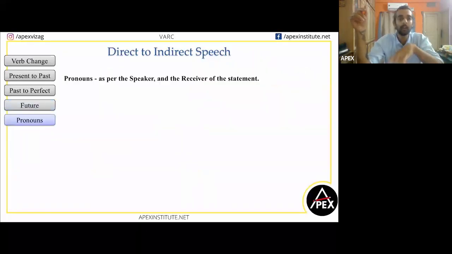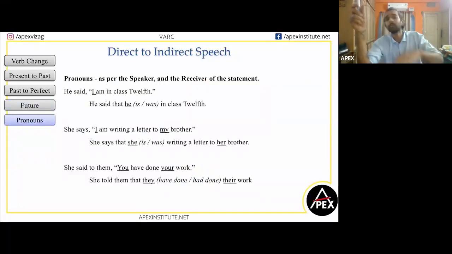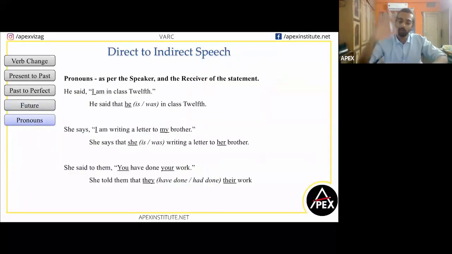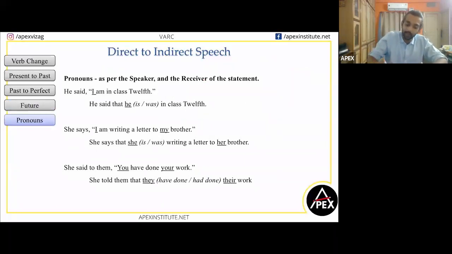Okay, all right. So pronouns, see, pronouns always are as per the speaker. So we have to always change them as per the receiver. For example, if I'm saying he said, I am in class 12th.